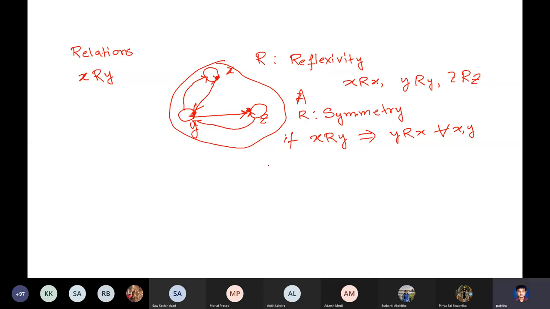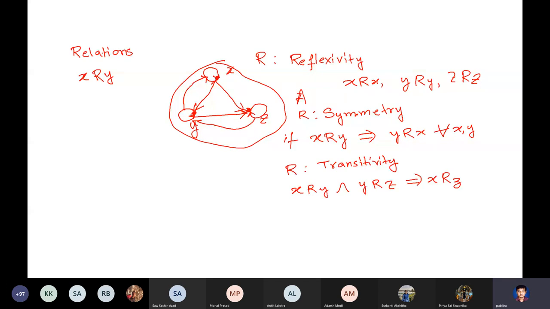Now let us look at the third condition, which is transitivity. This means if X is related to Y and Y is related to Z, as we have drawn, it implies X is related to Z. So if I have this arrow and I have this arrow, I definitely have this arrow.